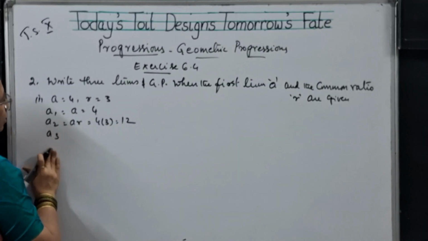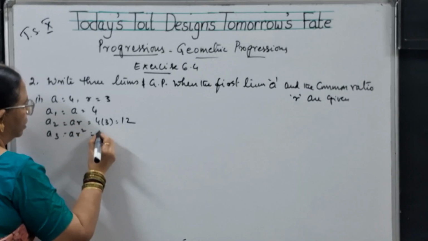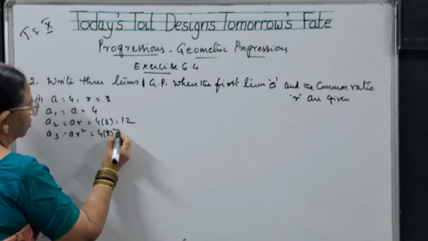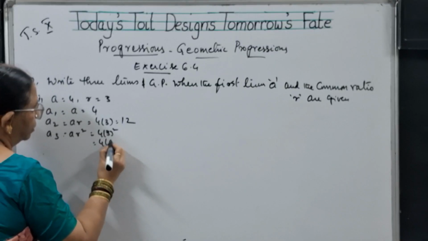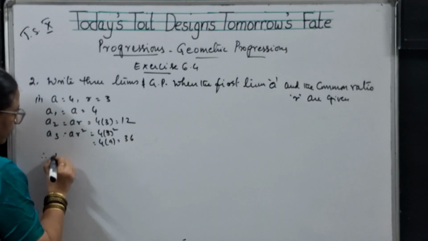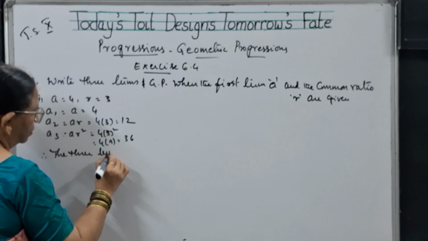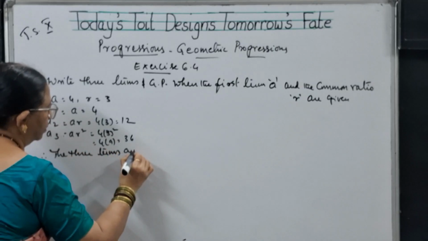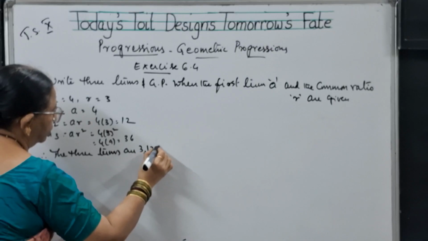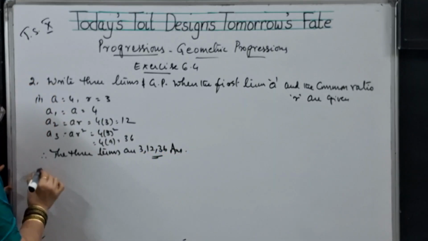What is A3? A3 is A into R square, that is 4 into 3 square, that is 4 into 9, 36. Therefore, the three terms are 4, 12, 36. This is the answer for the first bit, children.